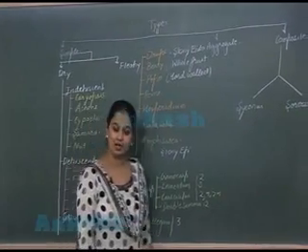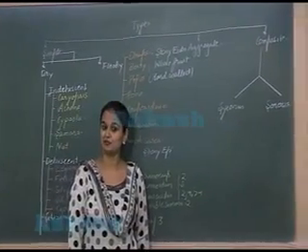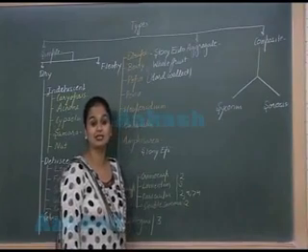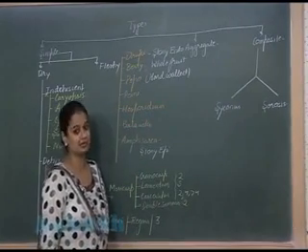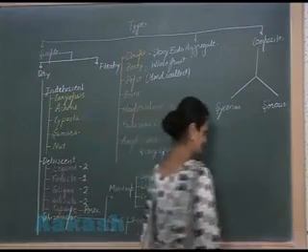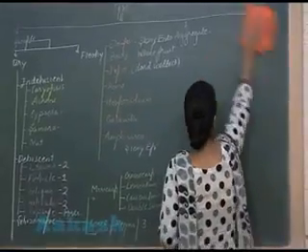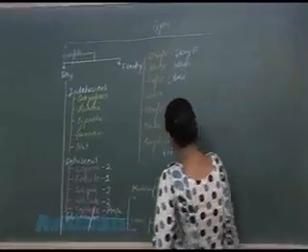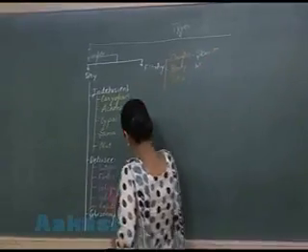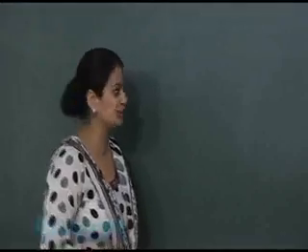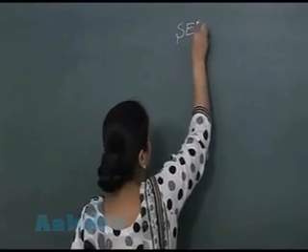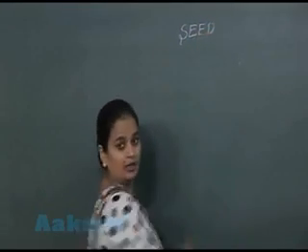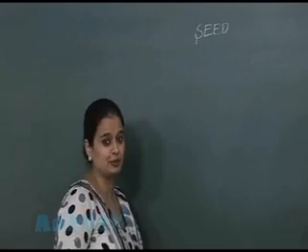Now this is all about the different types of the fruits. Now I will be starting with the next part in this chapter, next topic, that is seed. So let's start with the seed. Now seed is the ripened ovule.